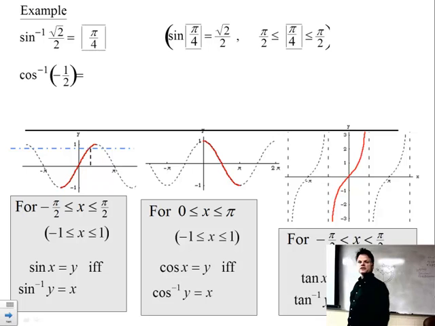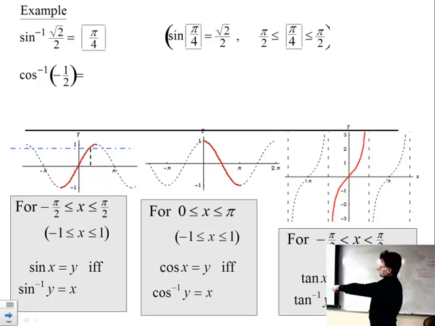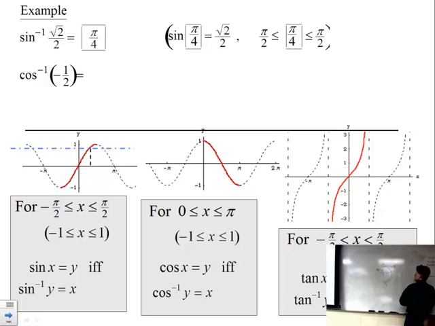Question: I might be trying to oversimplify this, but for all of the inverses, they're only going to be the angles in quadrants 1 and 4? For the sine inverse and the tangent inverse, yes. For cosine inverse, you're going to be either in quadrant 1 or quadrant 2 because you're going to be between 0 and pi. So I'll write that in.